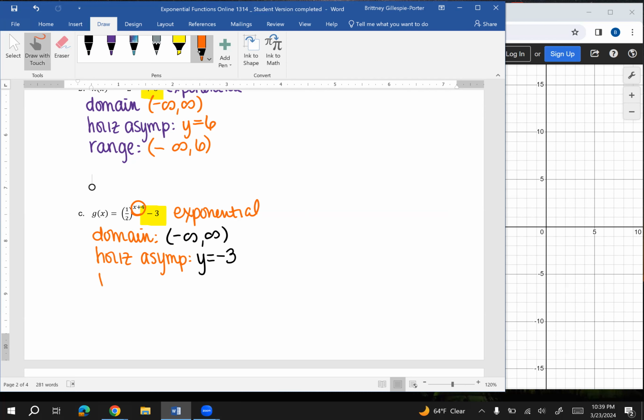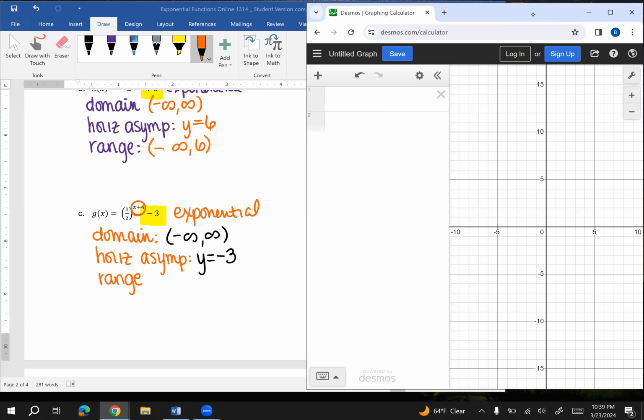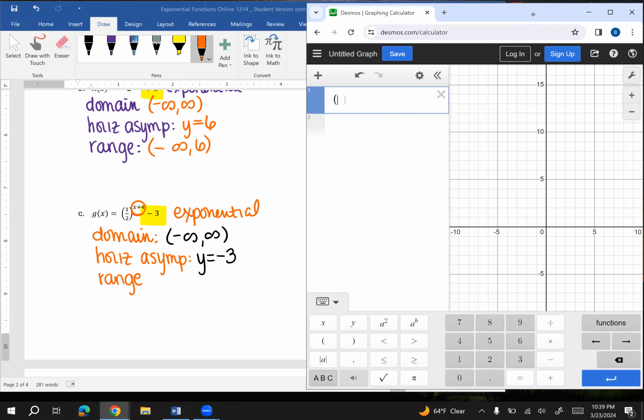And then we need the range. So if we are graphing this, we would have 1 divided by 2 in parentheses. We're going to do our exponent, and because we have a couple things going on in the exponent, let's put parentheses around that x plus 4, and then we have minus 3. Notice that we do have our horizontal asymptote at y equal to negative 3.